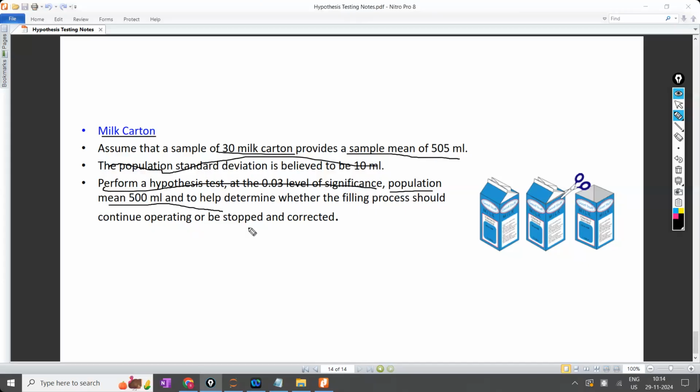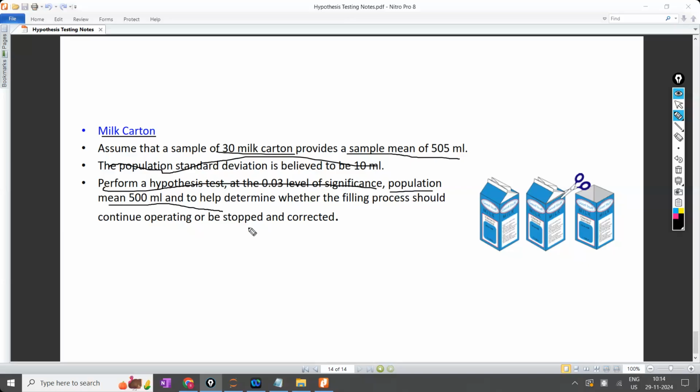So 30 packets they have taken, and in the 30 packets their average value is 505, but what they require is 500 only. Now they want to stop the filling process. They have got 505 as the average, meaning they are getting some extra ml. It could be a machine problem or some technical glitch.